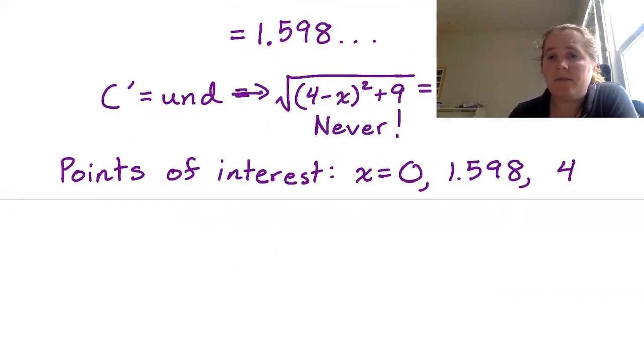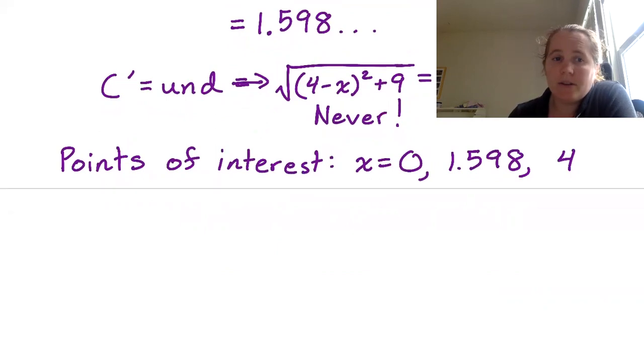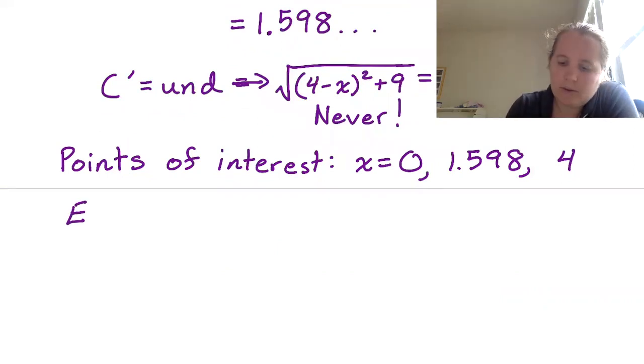So 0, 1.598, and 4. So from here then, we will check the cost at each of these values. So we're going to evaluate cost at each point of interest.